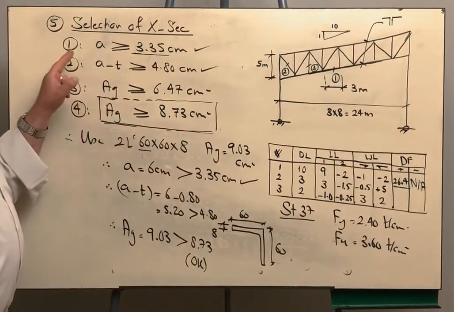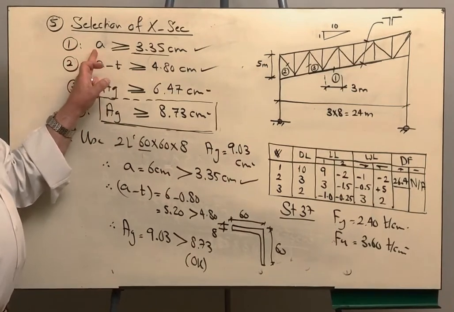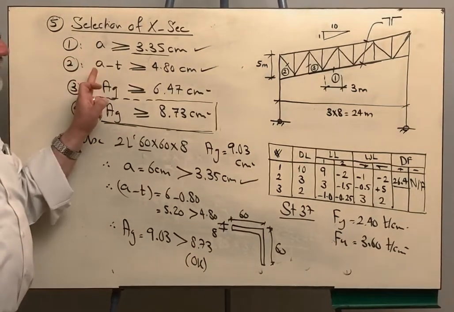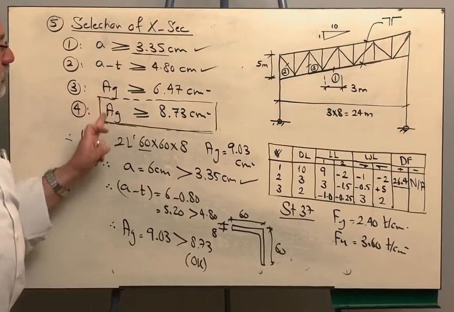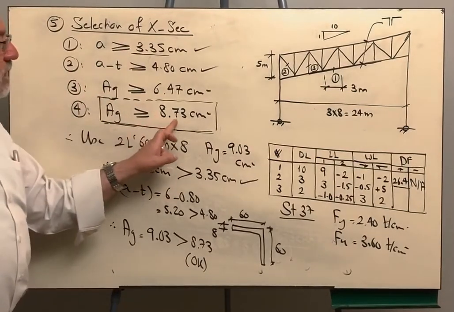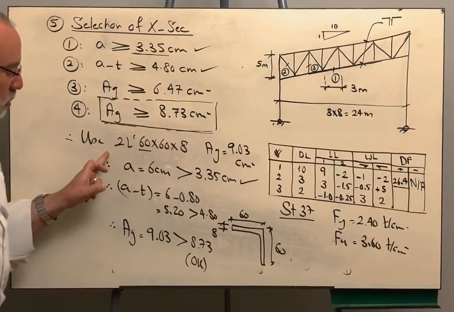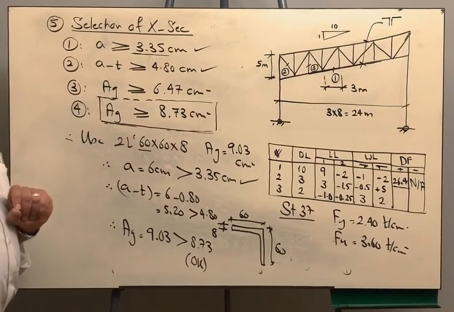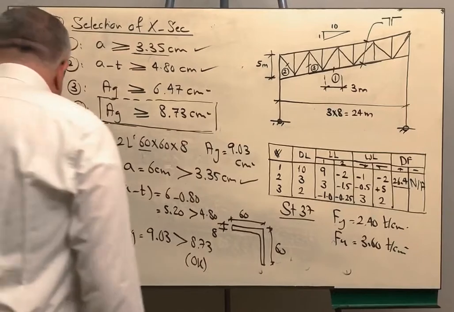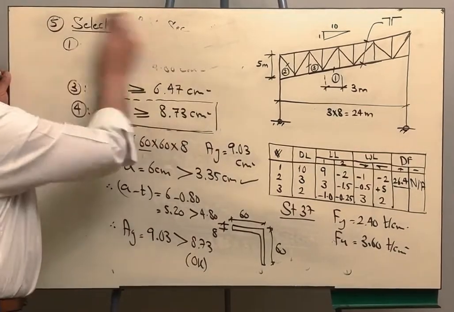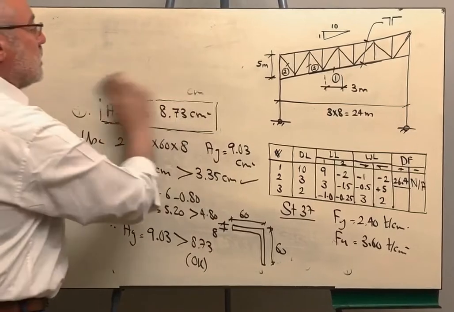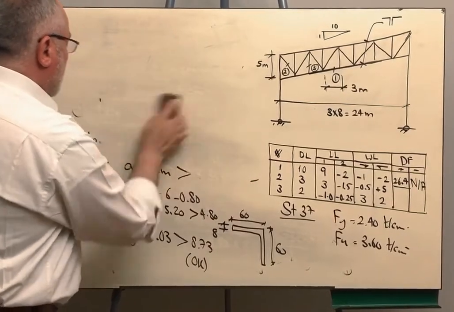You have to satisfy the three limits: the limit of A based on the stiffness condition, and A minus T based on the construction condition, and the area gross, whichever is bigger from here, which is 8.73. Your selection will have to cover the three limits. Okay? Now, the last step in this member is to check on the net section fracture.